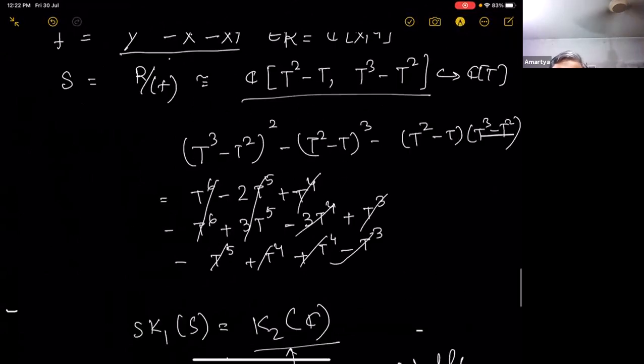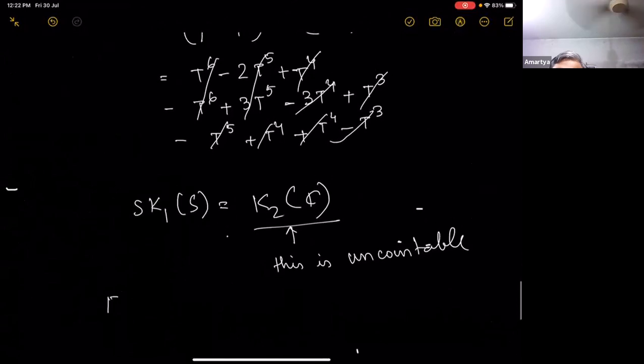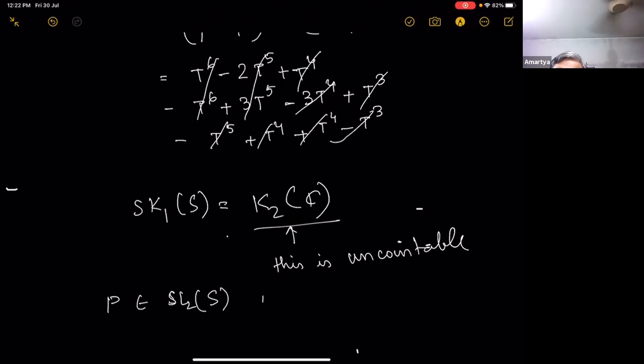This matrix is not known to me, but at least there is some matrix P in SL2 of S whose image in SK1 of S is non-trivial, not zero, non-zero. And then we can construct these examples.